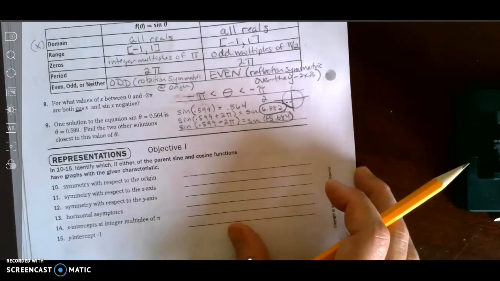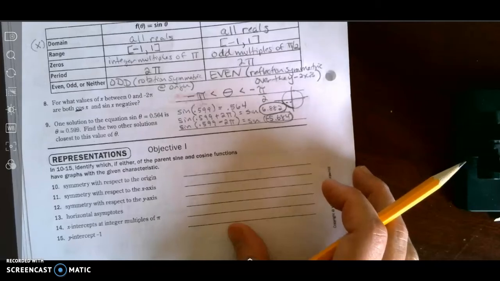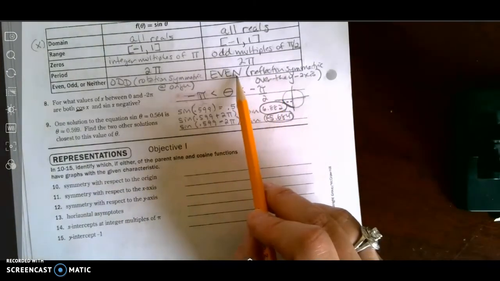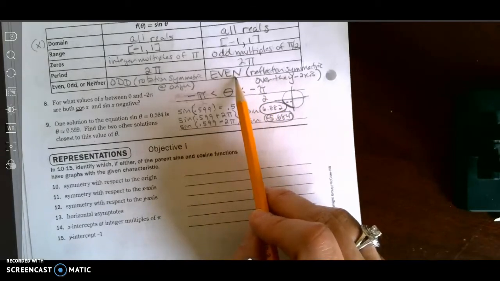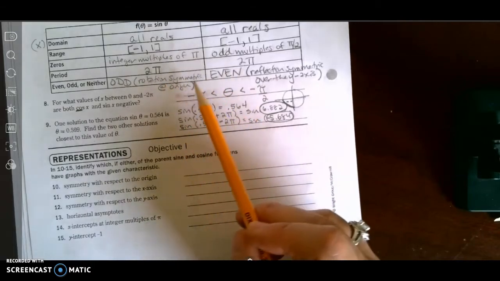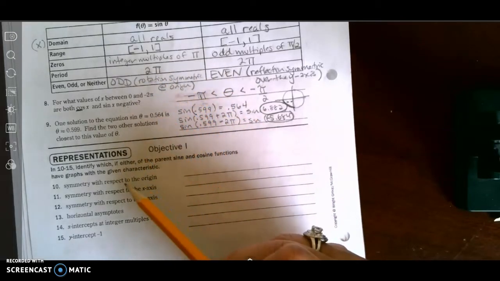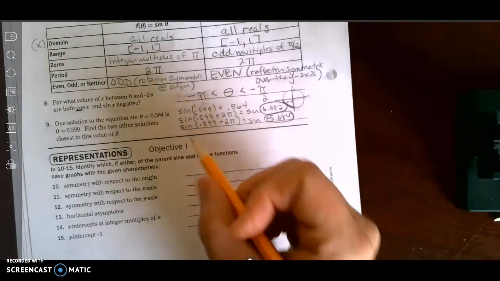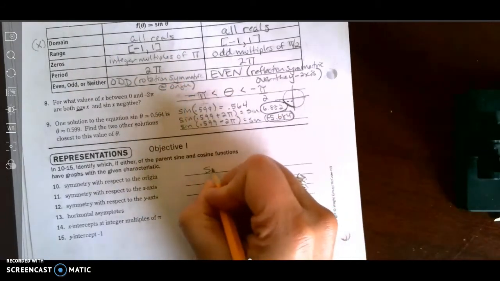The way they have it written, I don't like the way it just says symmetry with respect to the origin. If you reflected over the origin, you would actually also get the cosine graph. I guess they're meaning rotation symmetric. They should have written that, but we'll say with respect to the origin is my sine graph because that was odd.